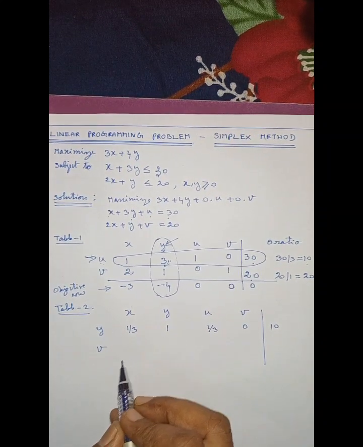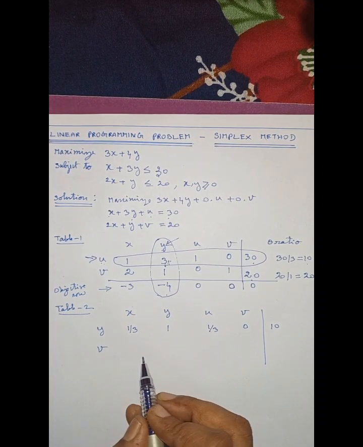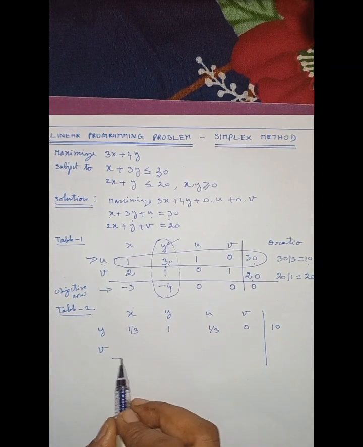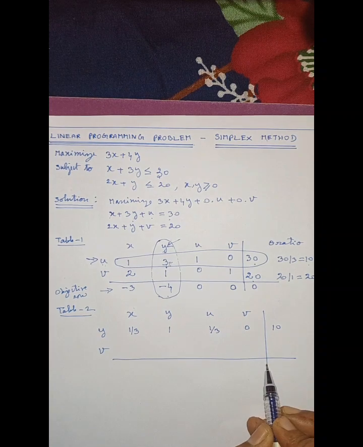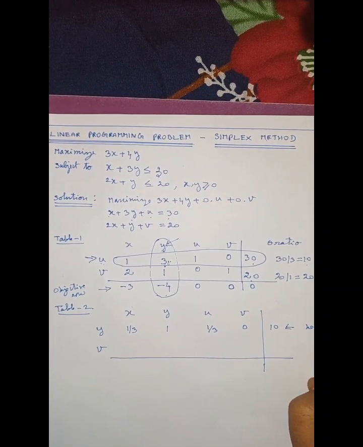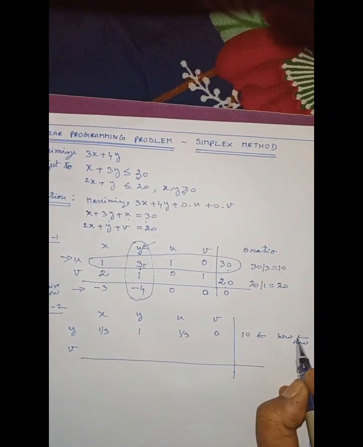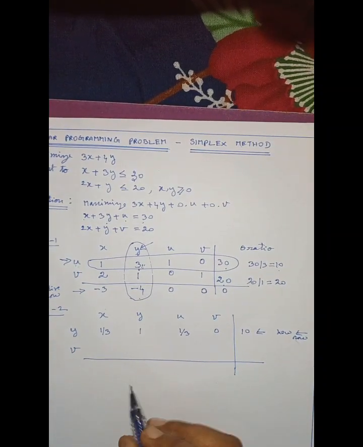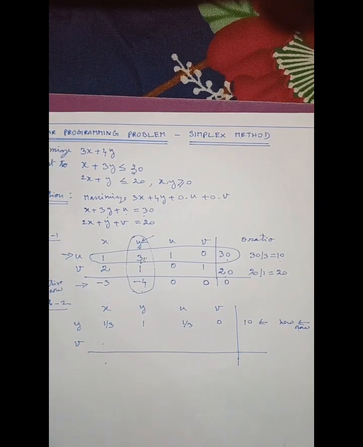This row is called the new row. Now, using this new row, we have to calculate the second row and third row.